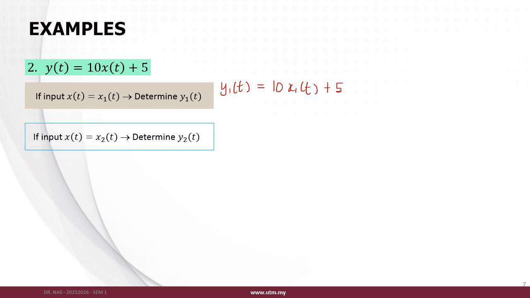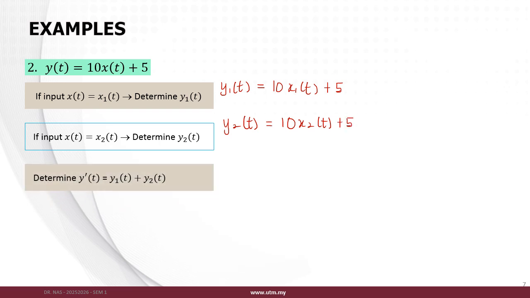Second step, for x2(t), you need to determine y2(t). So y2(t) equals 10 x2(t) plus 5.